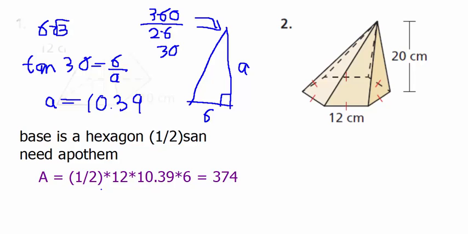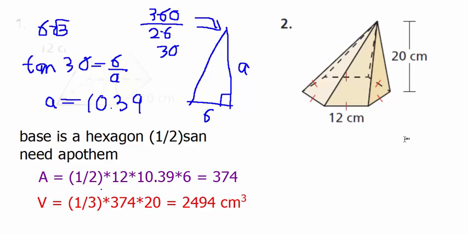Actually, I calculated 2 things, but I'm not done because I'm looking for the volume. The volume is 1/3 times the base, 374, times the height for 2494 centimeters cubed.